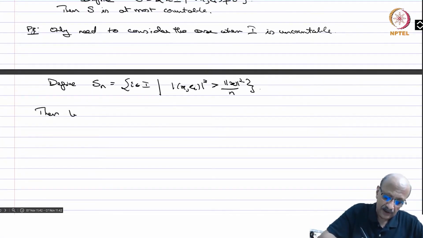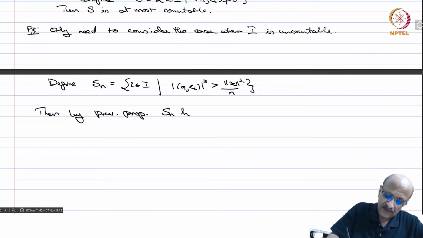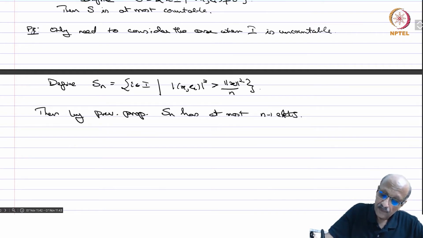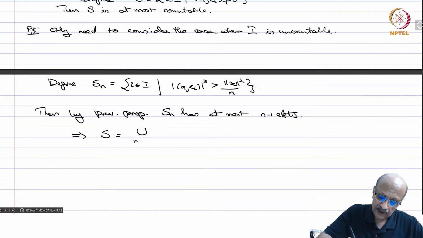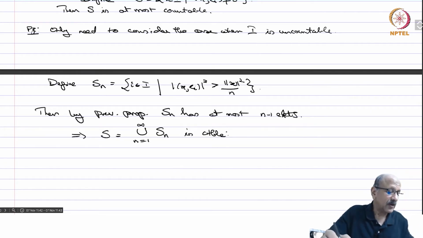Then by the previous proposition, S_n has at most n minus 1 elements. This implies S, which is equal to the union n equals 1 to infinity of S_n, is countable. Okay, so that proves that.